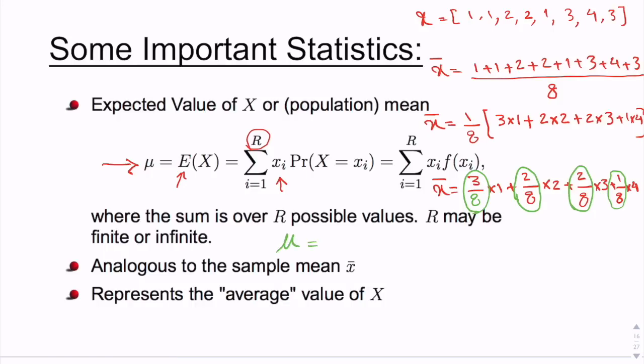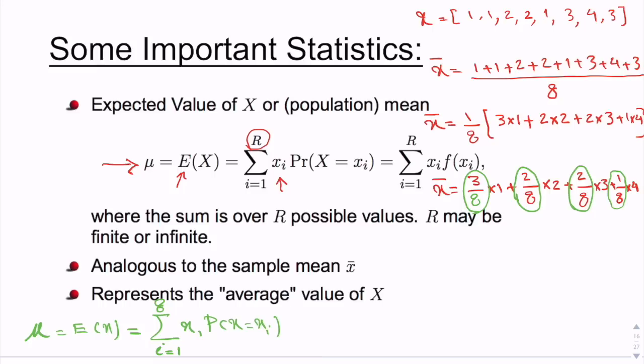So I can write down mu, which is the expected value of x, which is the average or mean, equal to the sum over all samples drawn from the distribution. We have 8 samples, x_i times the probability of x equal to x_i.